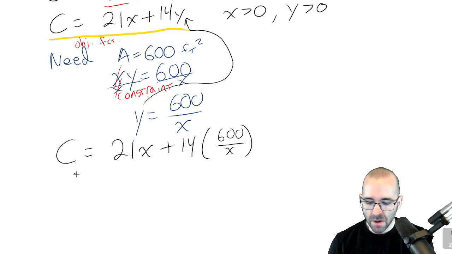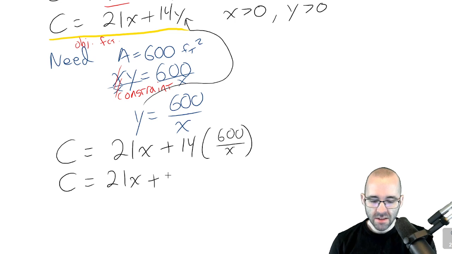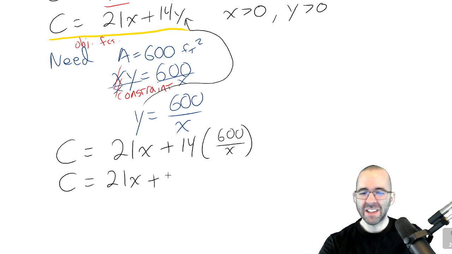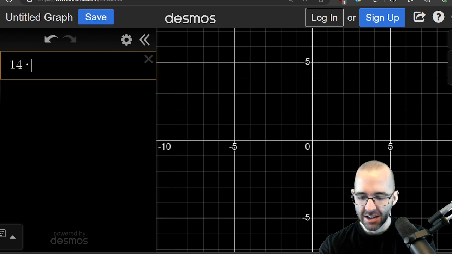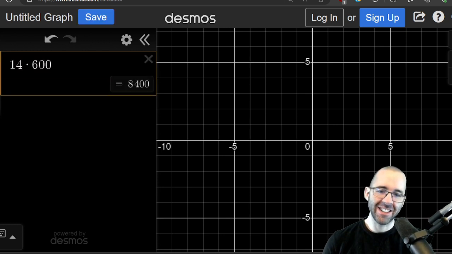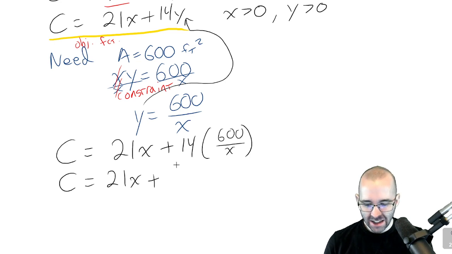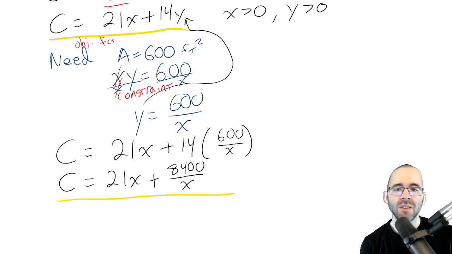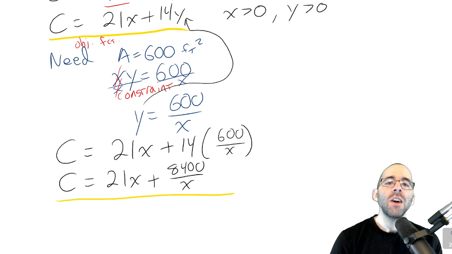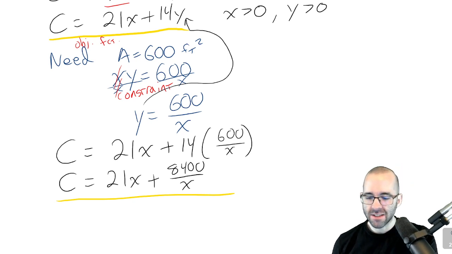Let's simplify a little bit more. Now we have 21x plus 14 times 600, 8,400. 8,400 divided by x. Now we have a new objective function with only one variable, which is really nice, because we can use calculus on this.